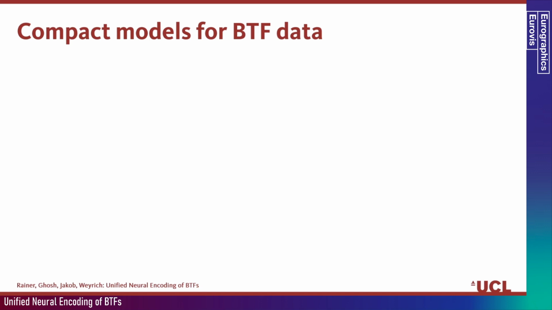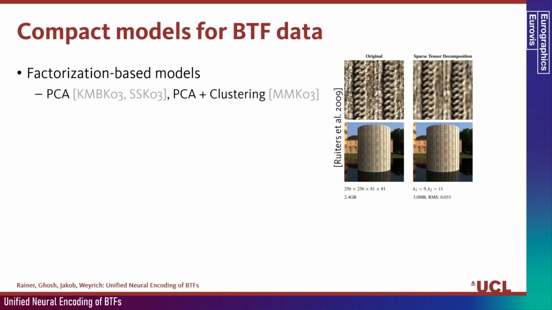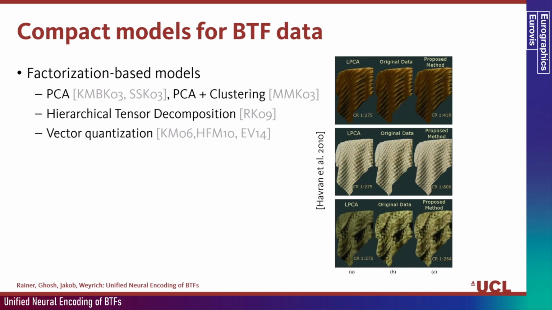BTF representations can generally be divided into two classes. The first one is based on matrix factorization, which means the resulting representation is still a set of discrete tensors. Techniques include principal component analysis, clustering, hierarchical tensor decomposition, vector quantization, and so on.